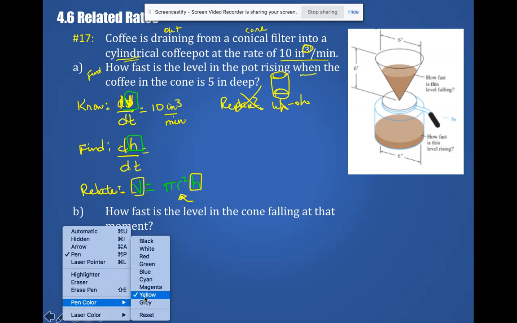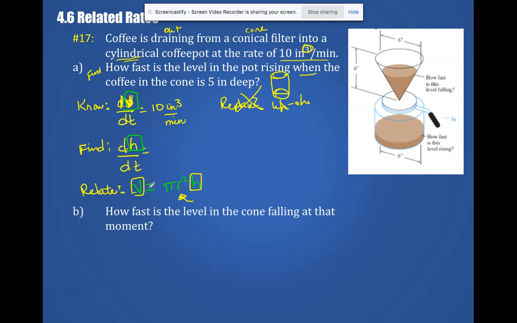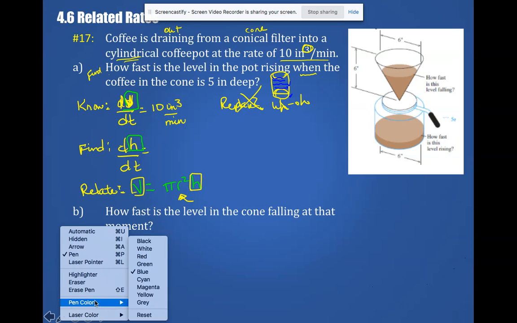Remember, all you need for related rates is boxes to indicate what's changing over time. What's true about the radius, no matter what your level of coffee is in the pot?